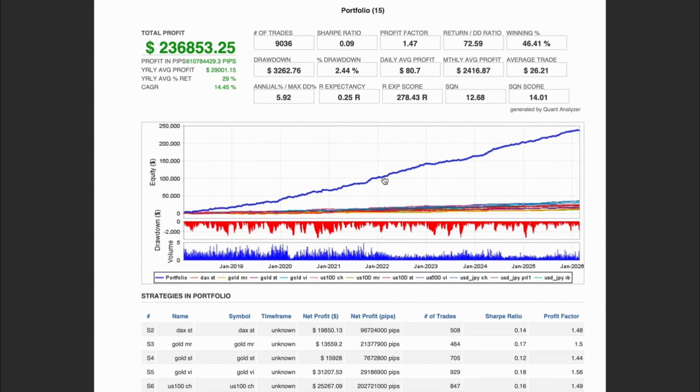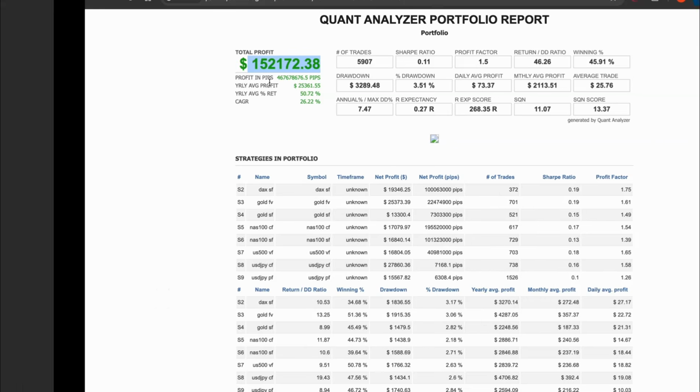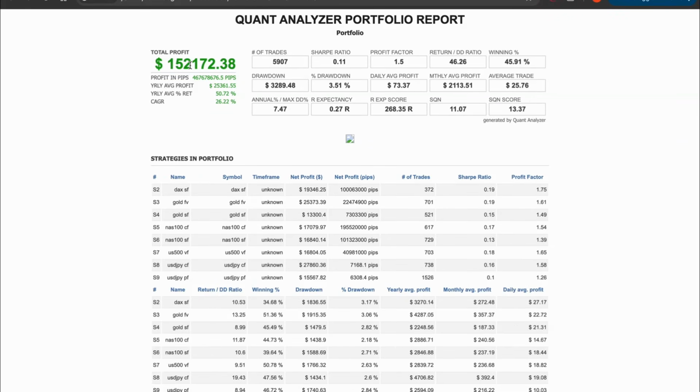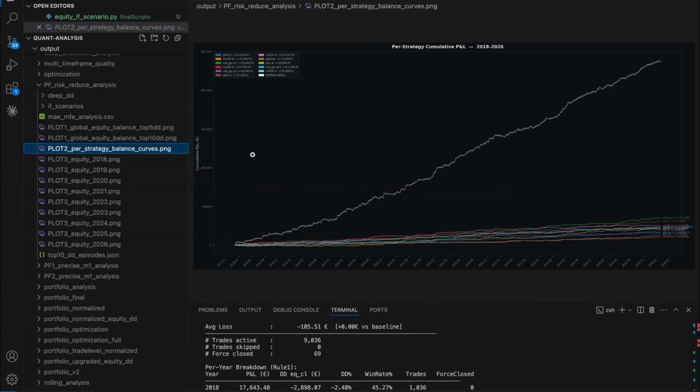So basically, the goal now is not to increase the profit. I'm not going to add all of those strategies without reducing the risk. My goal is to keep the same amount of profit, because now I don't really care about this type of profit here. You should only focus on having more assets under management, so managing more money overall.